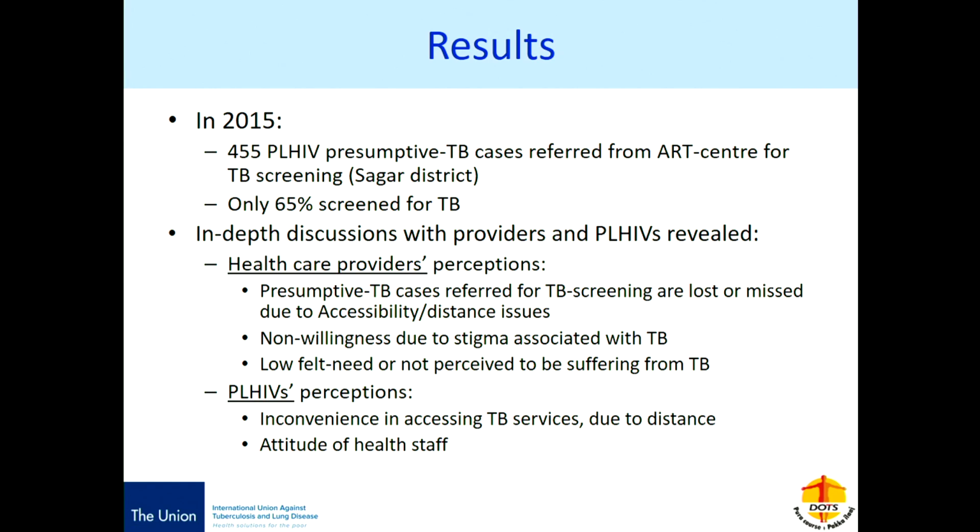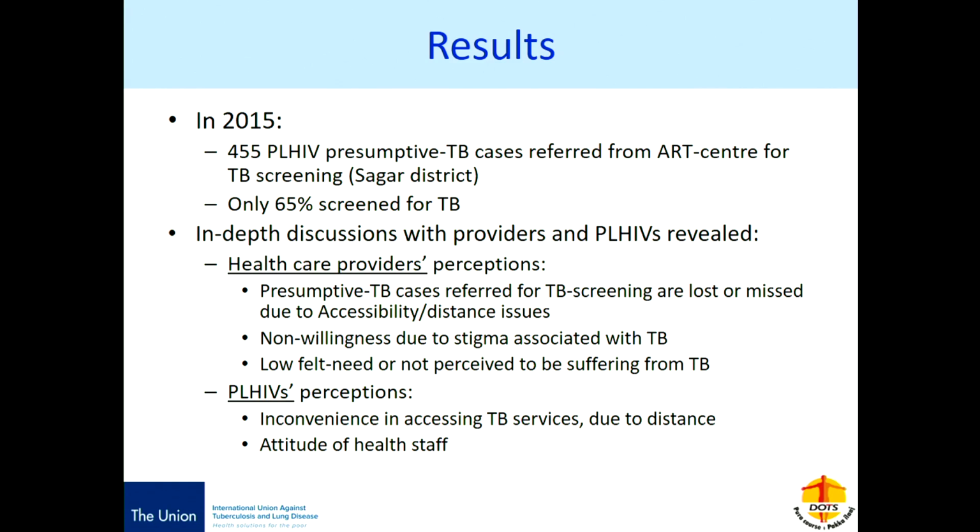When we discussed with both healthcare providers and PLHIV beneficiaries, multifold responses were revealed from the in-depth discussions. The healthcare providers felt that the presumptive TB cases which have been referred for TB screening are lost or missed, perhaps due to distance or accessibility issues, which was also concurred by the PLHIVs.